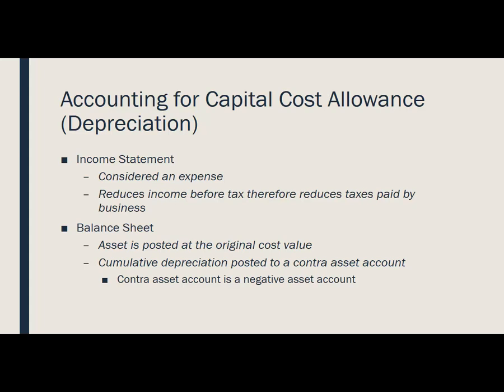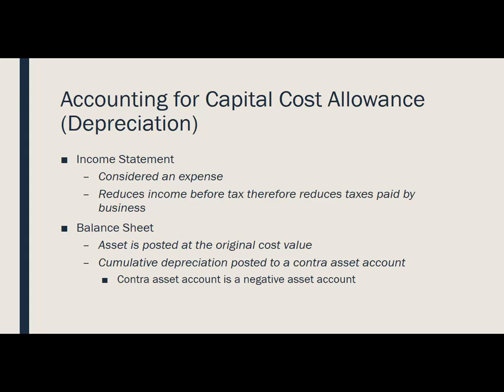What it ends up being is it reduces the income before tax, therefore it reduces the taxes paid by the business. Now, like I told you in the previous example, if you purchase the car right away, you are not really using that cash anymore throughout the useful life of that car. You are deducting it, but you've already paid for it.